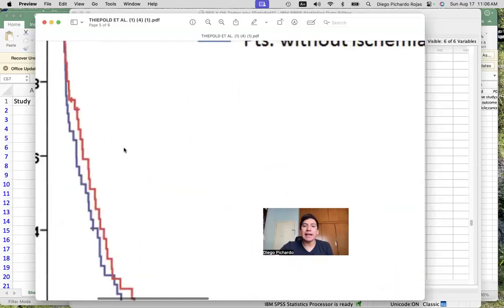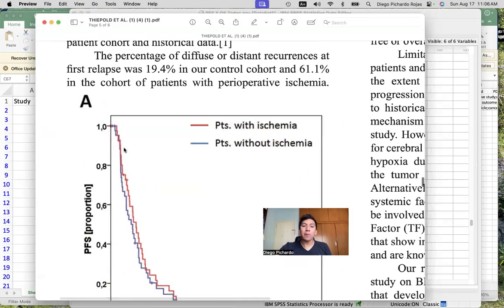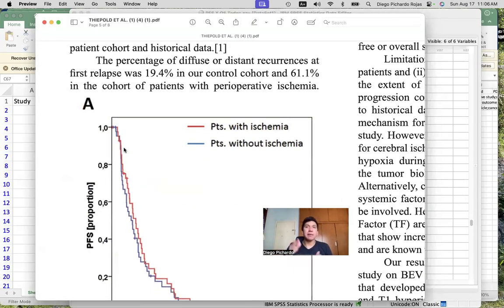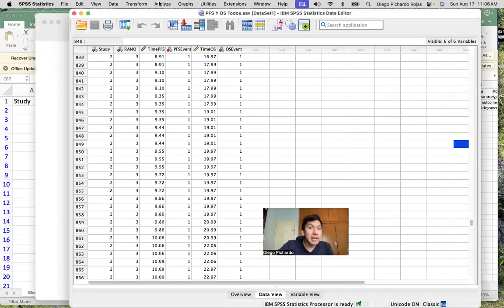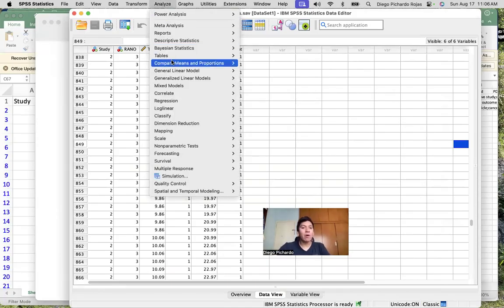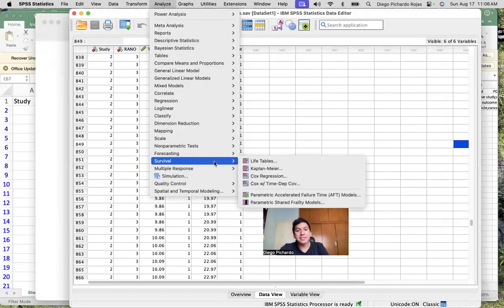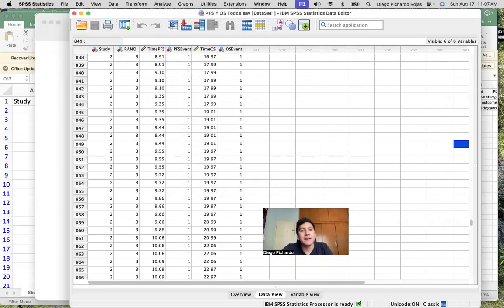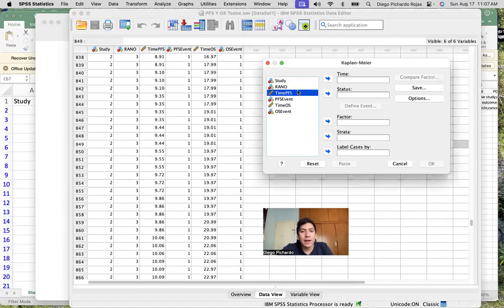We would usually be limited to one data point from each study, which is a mean and standard deviation. But now we can extract specific patient data from just a graph, which is freaking amazing. After that, what we did was analyze it, make a survival analysis, do a Kaplan-Meier curve. Our time is the months.